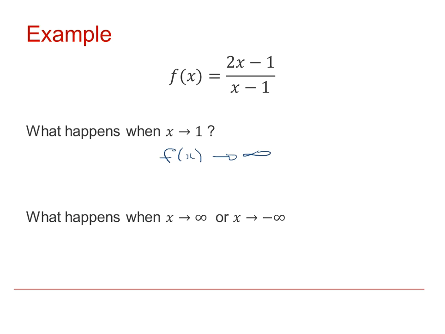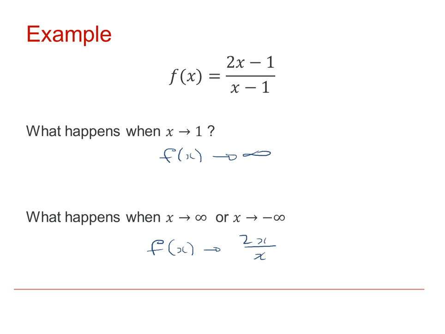And when x approaches infinity, or negative infinity, we can see that f of x will approach 2x over x. In other words, the negative 1 in the top line and the bottom line are irrelevant.